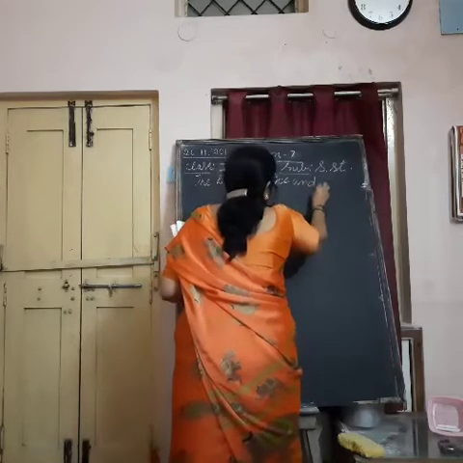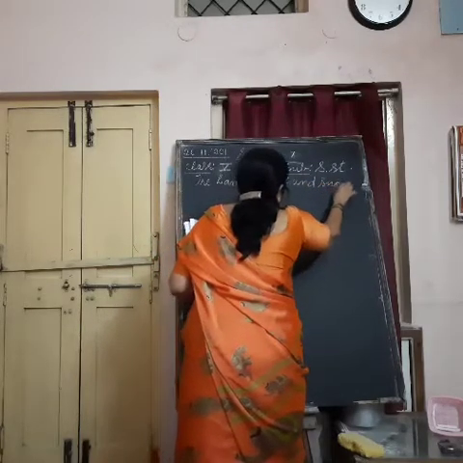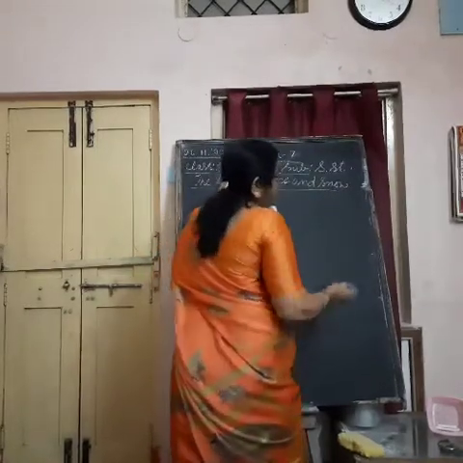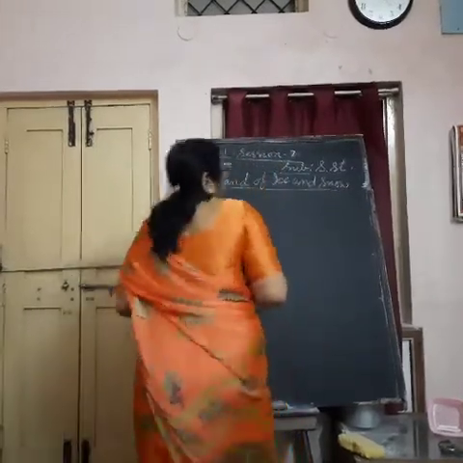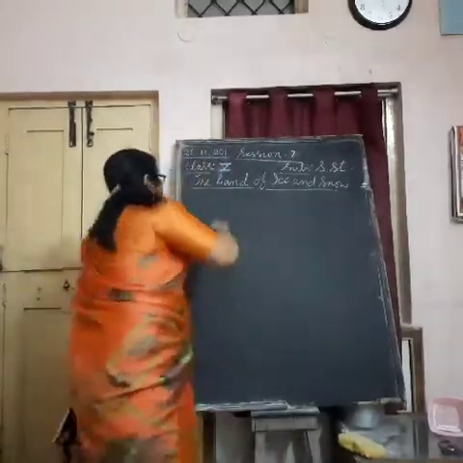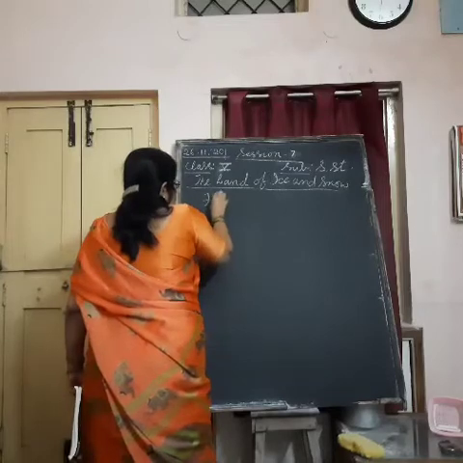Ice and snow. This is our lesson. This lesson, the land of ice and snow, refers to the frigid zone.